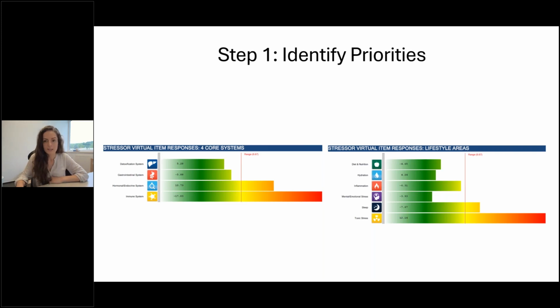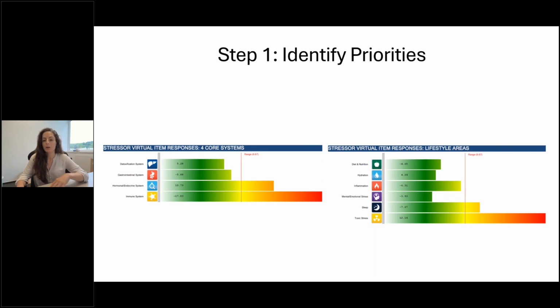Step number 1 is to identify the priorities in this report. Just like with everything else, when you set and define clear priorities and goals, it is always easier to work on those than if you just focus on a little bit of everything, you know? So let's define what our priorities are and tell those priorities to your client very clearly.